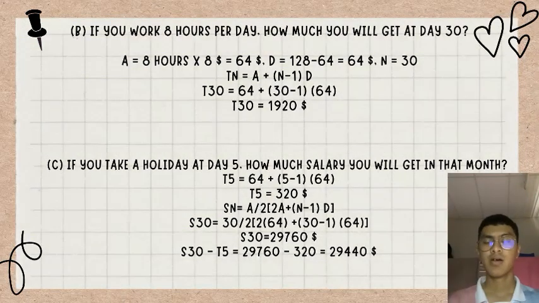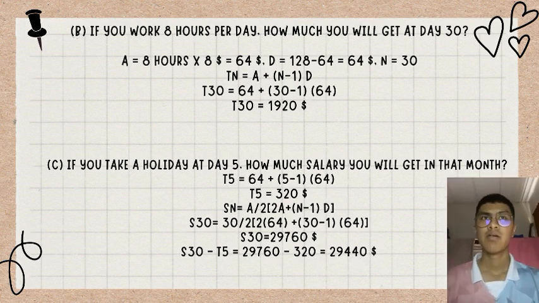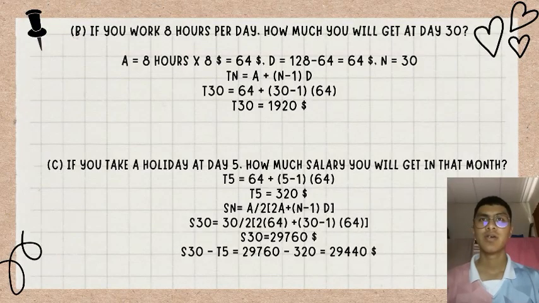And then we need to use Sn equals to N over 2 times 2A plus N minus 1 times D. And then we need to use N equals to 30 because we need to find the sum of 30 days salary.